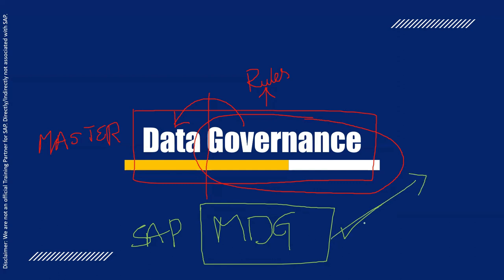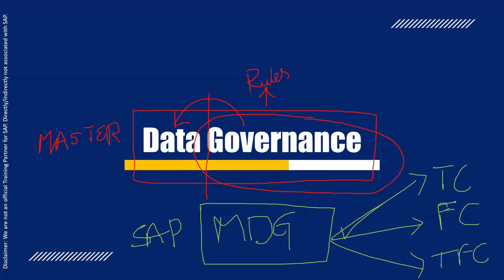We can categorize MDG consultants into three: technical consultant, functional consultant, and techno-functional consultant. Of course, architects will be there. These are the three different roles you could find in the market. We will see the roles and responsibilities of each consultant in MDG and the activities that we are going to perform. Everything we are going to discuss in detail in our regular sessions.